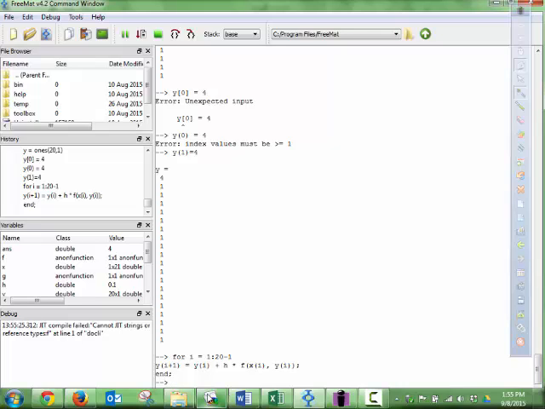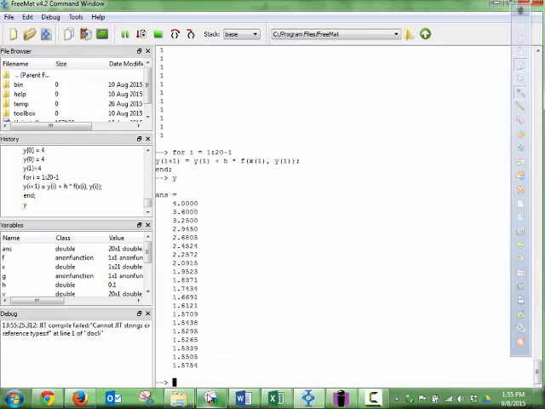Didn't work. What? Let's take a look at y. Oh, looks like it worked. Did it work?